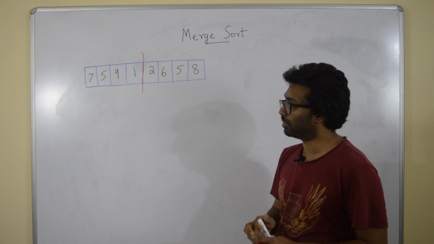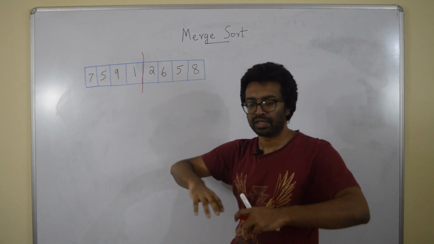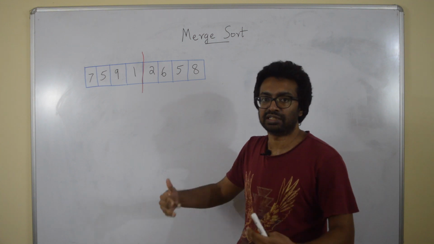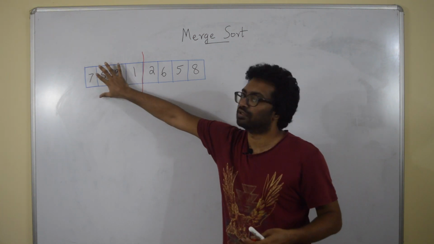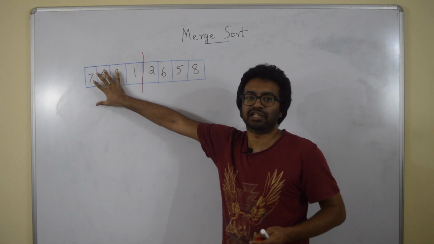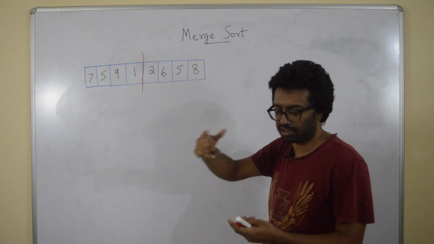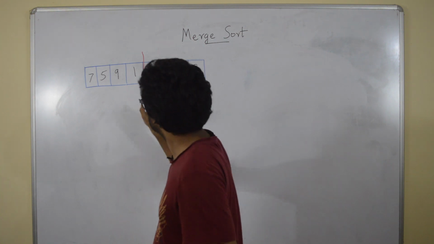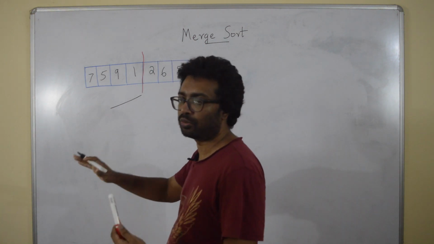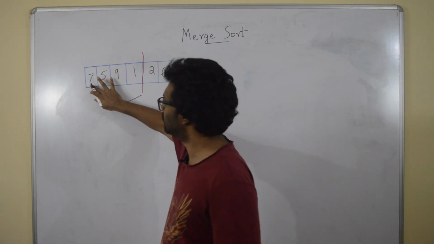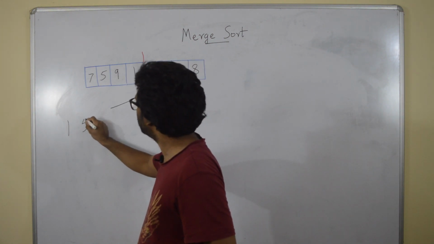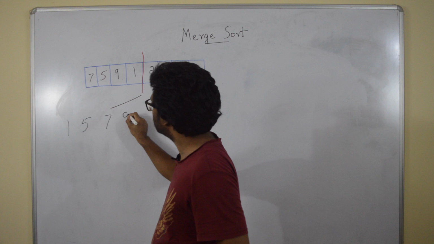Let's go one by one, and I'm going to assume that the recursive merge sort has given me a sorted array for each part. So this part has been sorted and also this part. I'm going to write those two parts. The first part has been sorted as 1, 5, 7, 9, right?